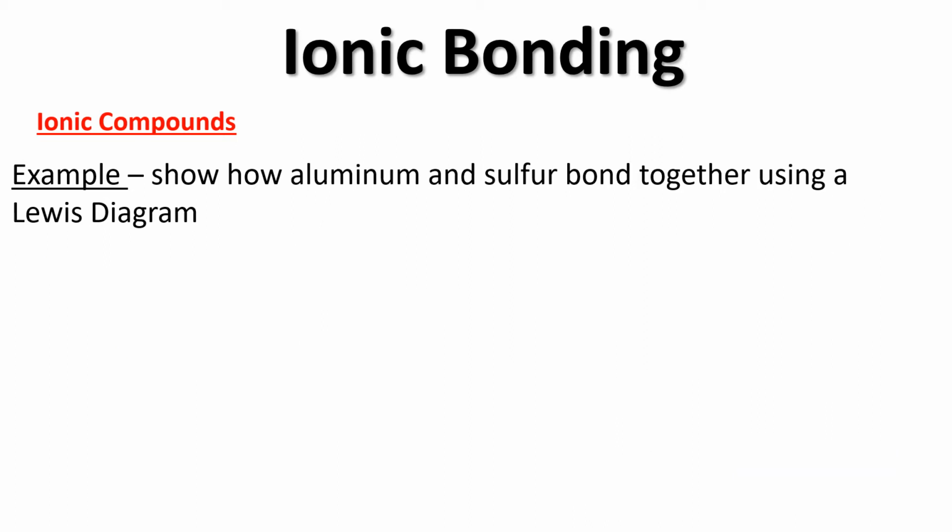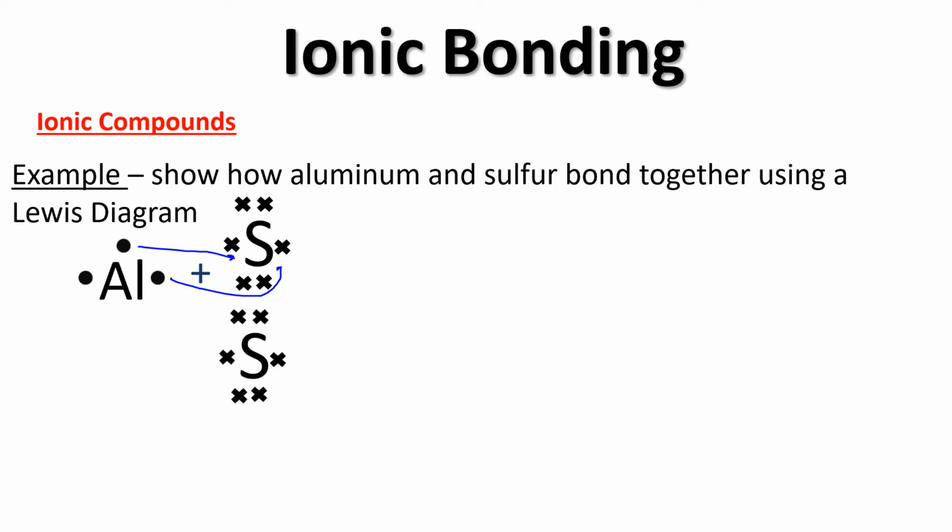Now, this method can get a little crazy, if you will. What happens when you put aluminum and sulfur together? Well, it starts off nice because you can take that electron and put it there, and that electron and put it there, and you can make sulfur happy, but aluminum still has an extra one, so we add in a sulfur, and we can put that one there.